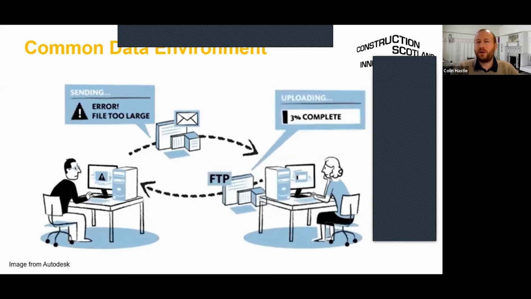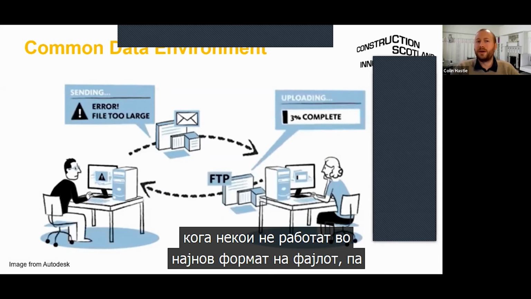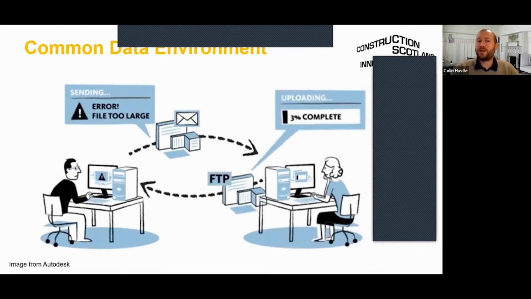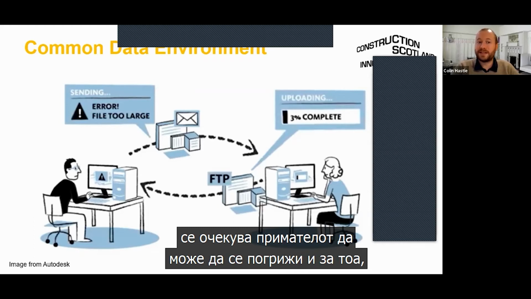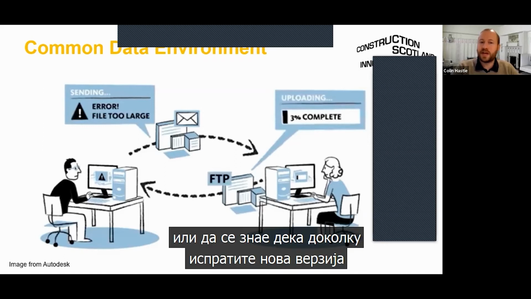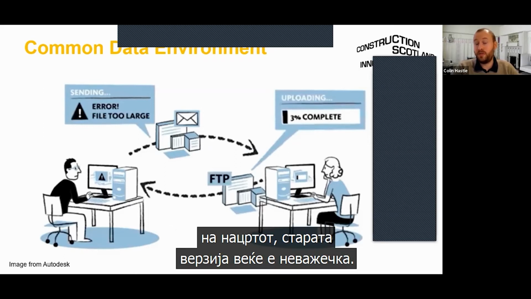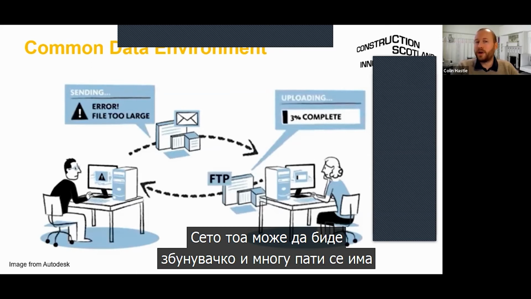Similarly, people are not always working to the most up-to-date file. It relies on the recipient's filing system to make sure they keep on top of it, and that they understand that if you've sent them a revised drawing, it supersedes the previous one. That can be quite confusing.